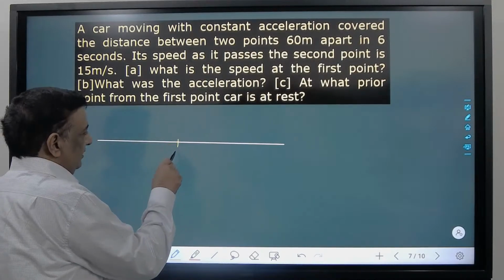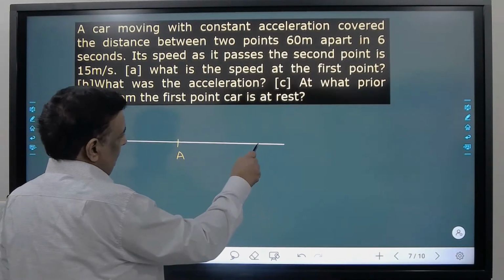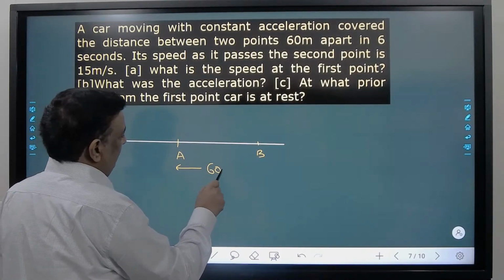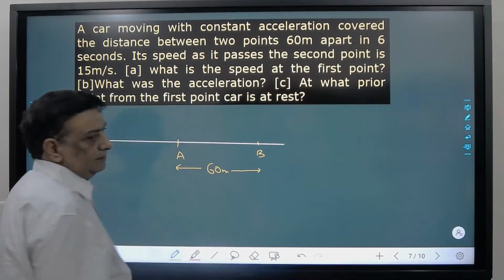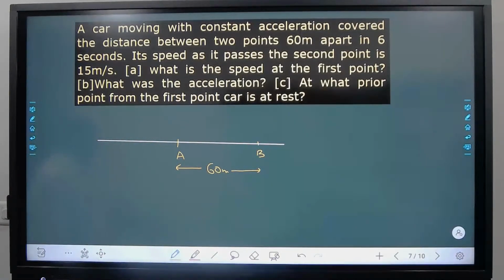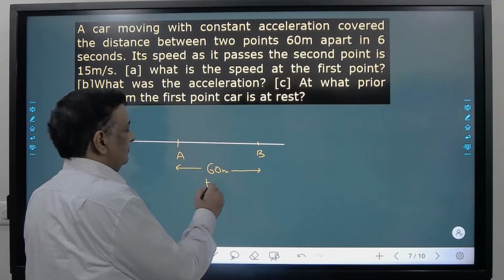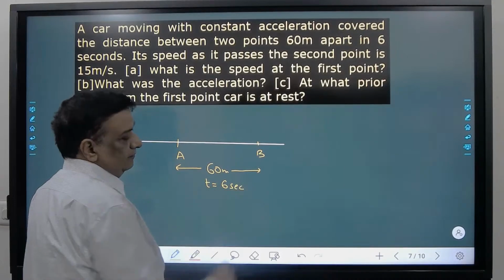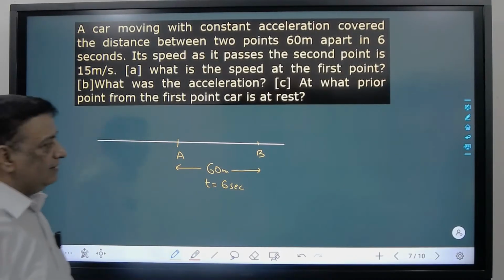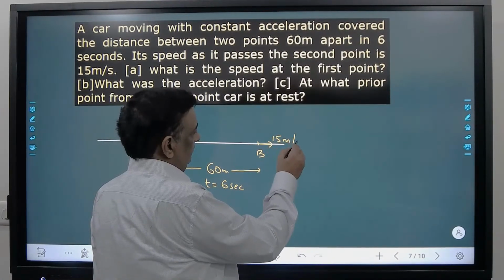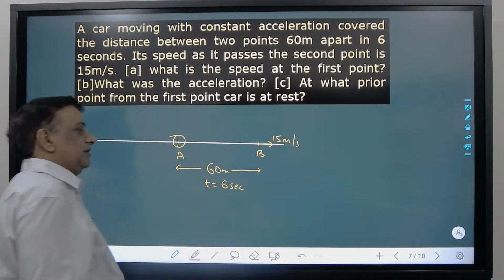Somewhere along the path, we take two points 60 meter apart, and the car travels a distance of 60 meter in 6 seconds. Its final speed is given, so you have to find the initial speed u.